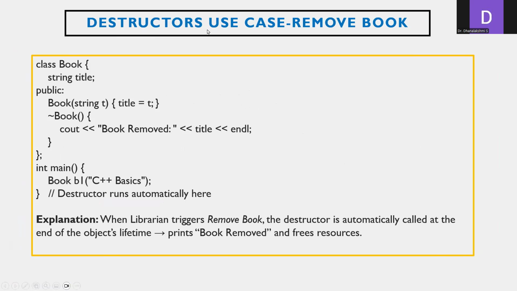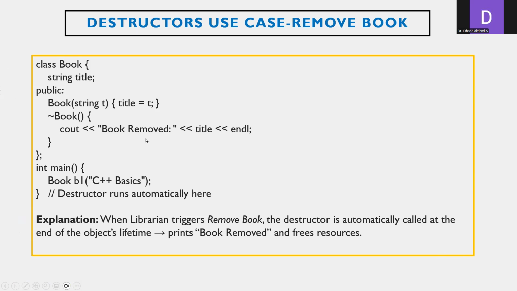First, as usual, let's say that you are defining the class book and you have the data members like title. The class also has two special functions inside it, one constructor and one destructor.